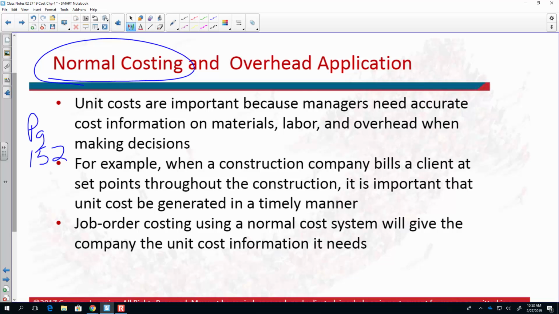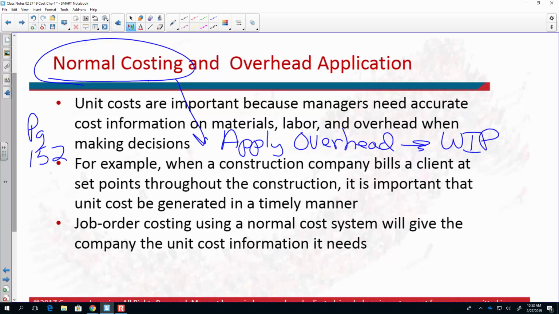And it's under this normal costing that we're going to start defining how to apply overhead. And where are we applying it to? We're applying it to our WIP account, our work in process inventory account.